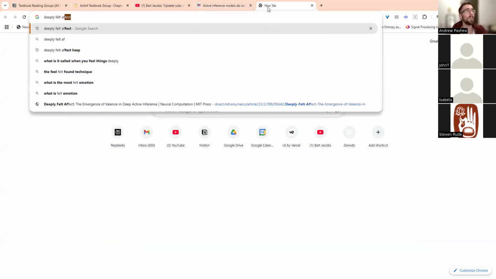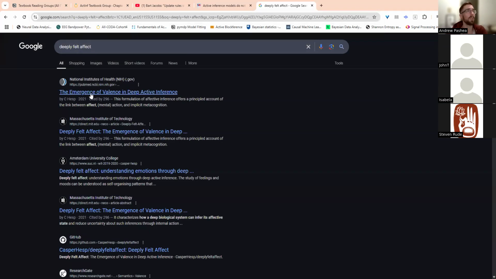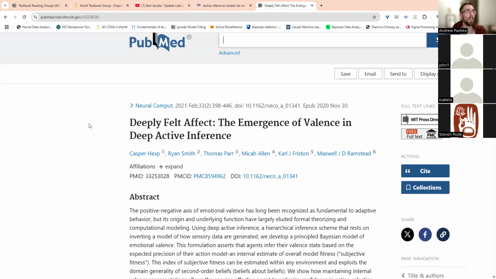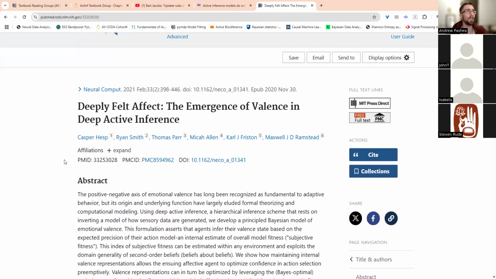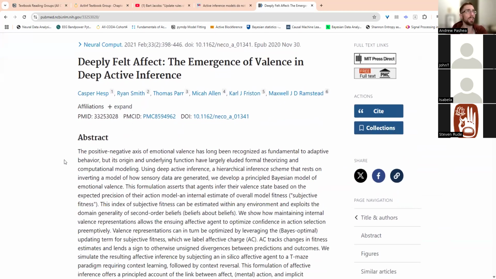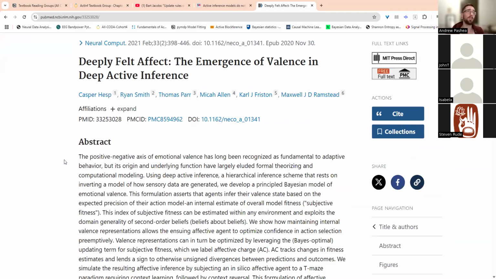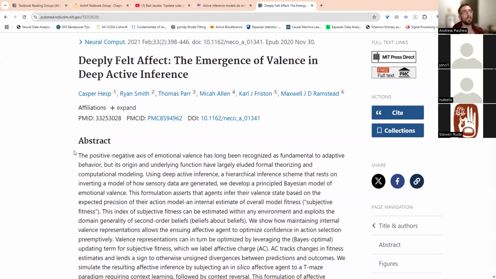But I've repeatedly shared this paper with others because I think it's enlightening for those who are starting to get more deeply into active inference. It seems like people commonly come across this one, Deeply Felt Affect, which is a few years old now. A lot of the names on the paper are some of the early people who have done a lot of the heavy lifting with developing active inference, finding ways to formalize it, advance it, teach it, and who are still very active today.